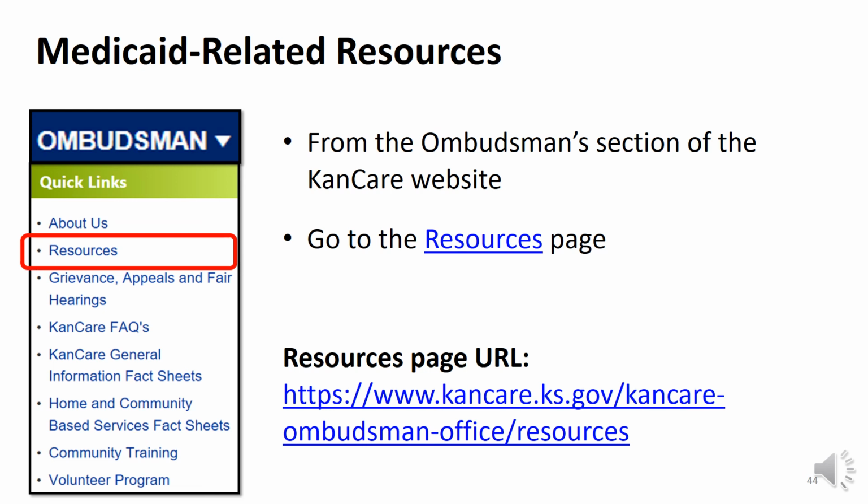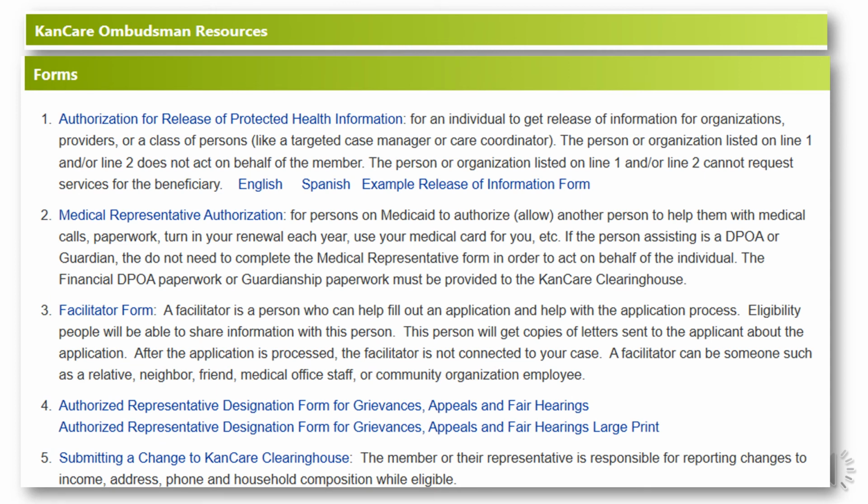That direct URL is https://www.kancare.ks.gov/kancare-office/resources. When you click on that resources link on the Ombudsman section of the KanCare website, you'll see listed all the resources we talked about here today, and a lot of additional Medicaid-related resources.